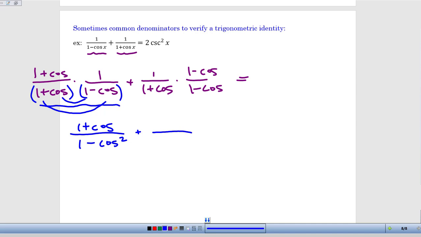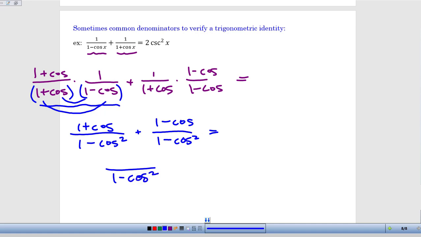In the numerator, I just have 1 times 1 minus cosine, so I get 1 minus cosine. And in the bottom, I get that same denominator, 1 minus cosine squared. So now that we have a common denominator, we can combine these two into one fraction. So I've got 1 minus cosine squared on the bottom.